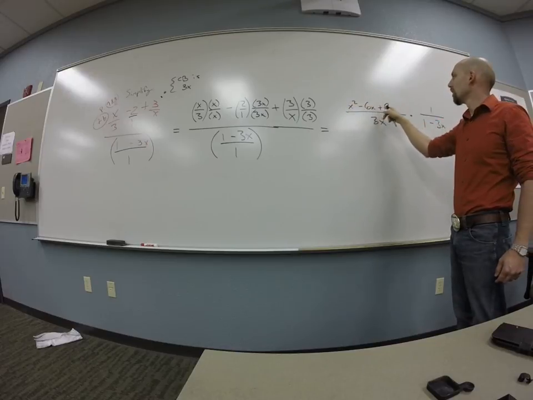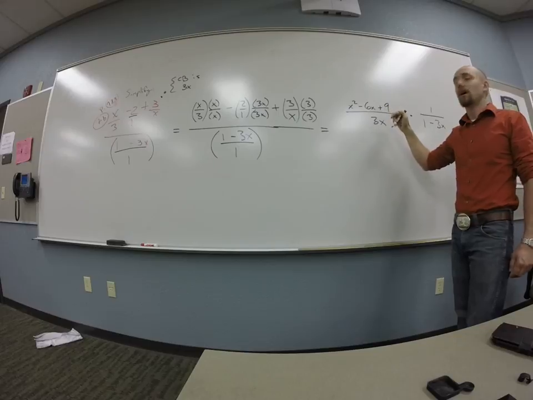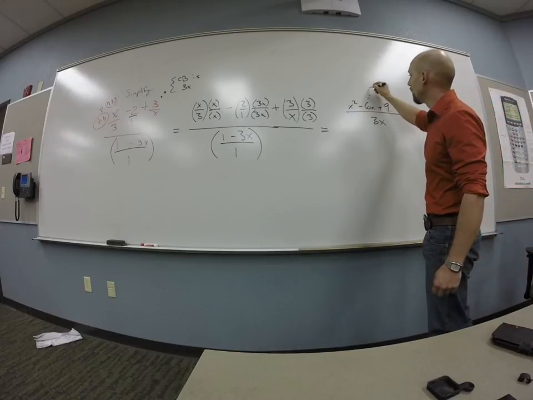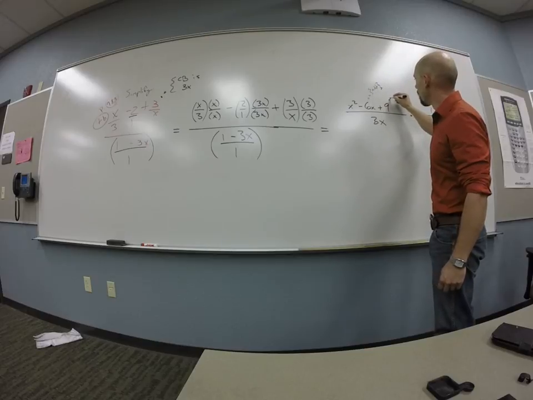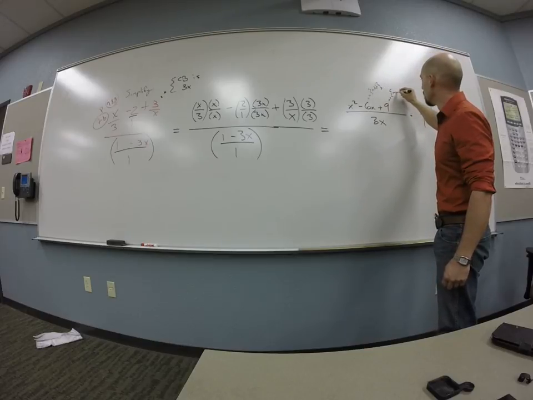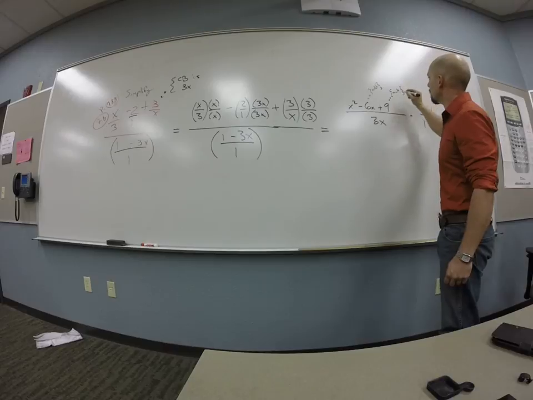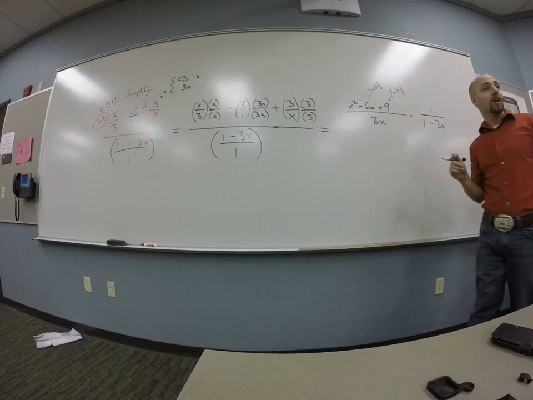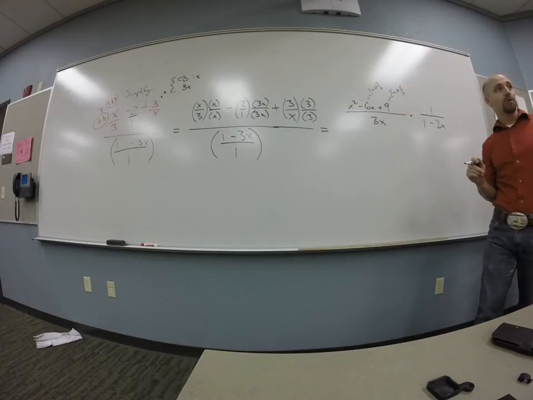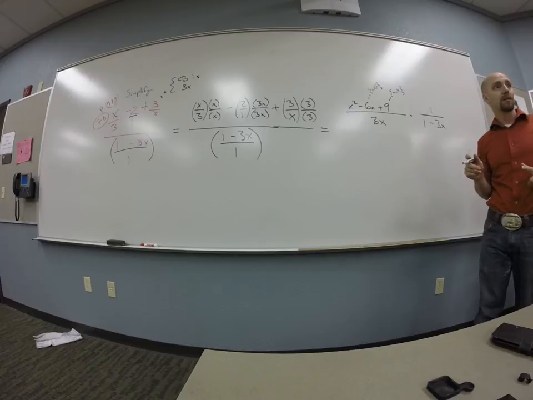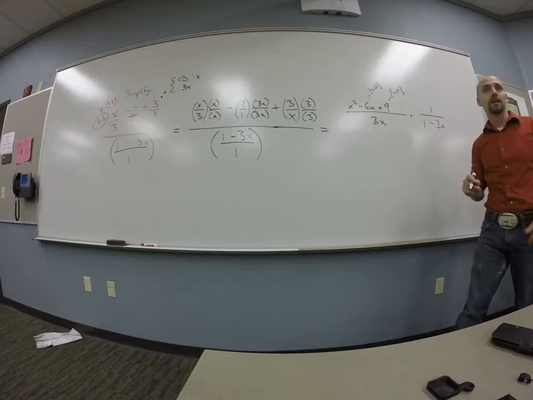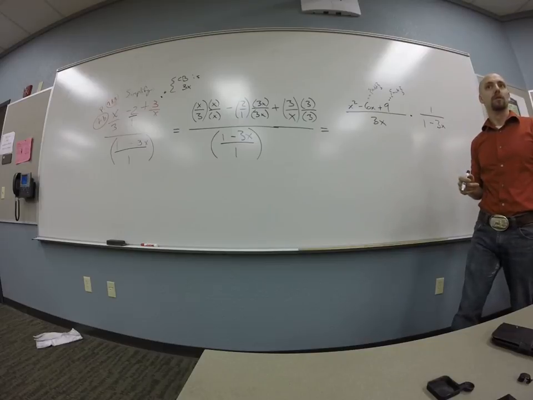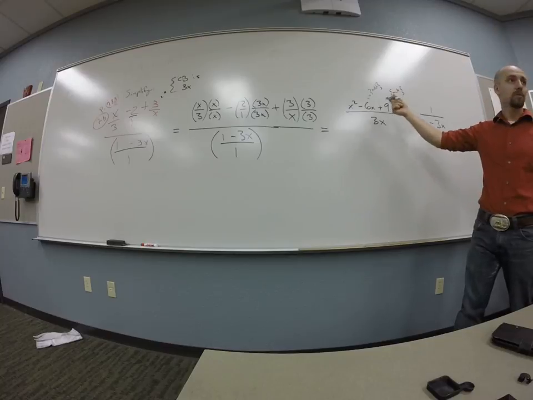But I could say this is a little quadratic. I need 2 numbers that add to be this and multiply to be this. Multiplying to 9 is either 1 and 9 or 3 and 3. 3 and 3 with negatives on both will add to this. That's how I would factor, personally. I'm not very good at seeing the perfect squares.